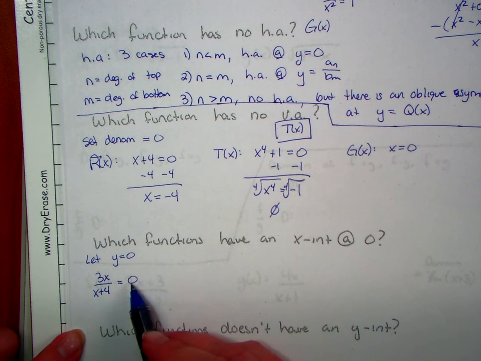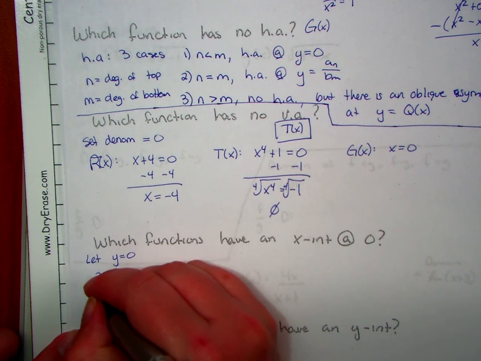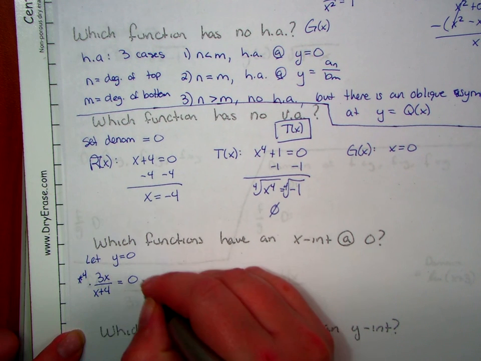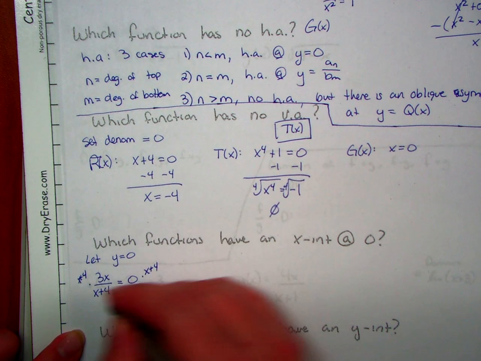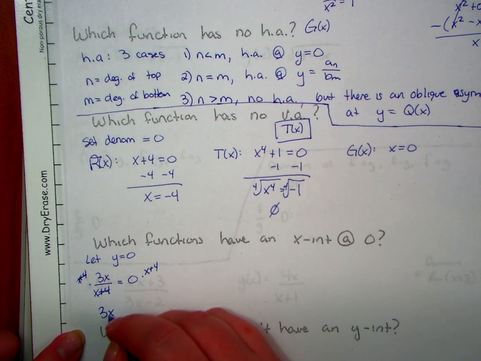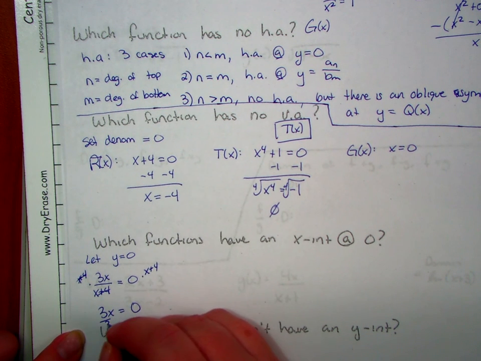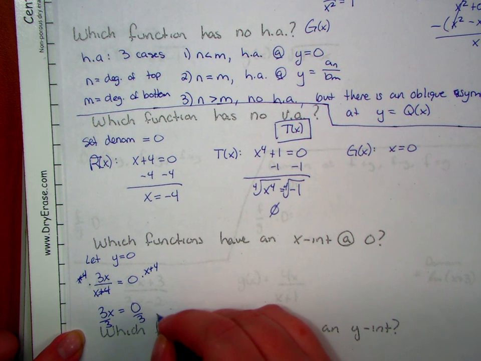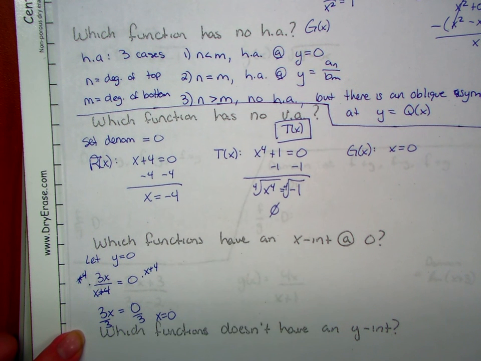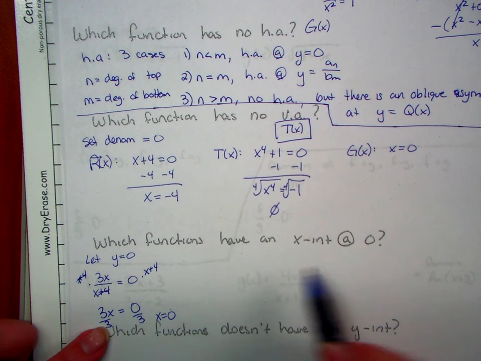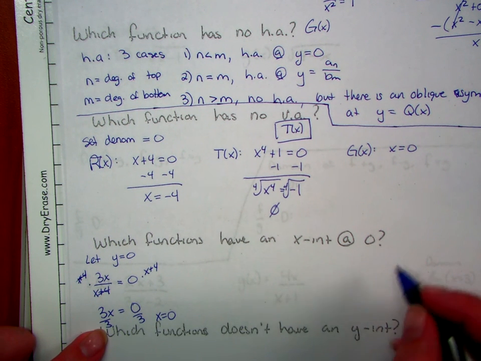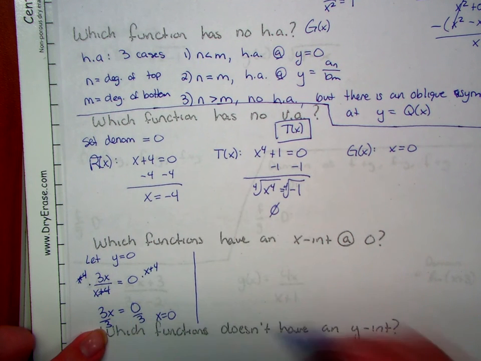The first thing I want to do to solve this equation is get rid of that denominator. So I'm going to multiply both sides by x plus 4, and I get 3x equals 0. Divide both sides by 3, and I get x equals 0. Well, that's an intercept at 0. So I already know r is one of my answers.